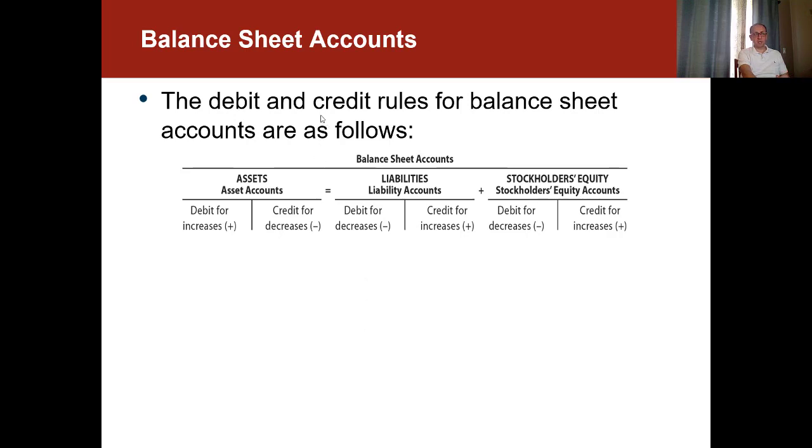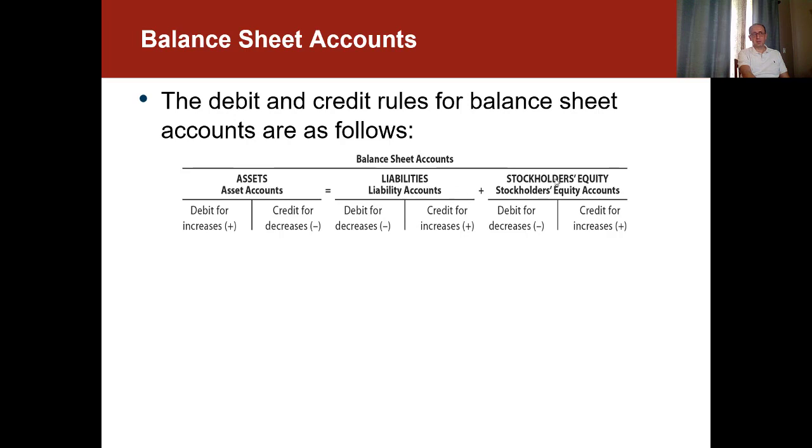Because you can see here, if I have an imaginary line that splits this accounting equation into two parts, where assets is the left-hand side, we can say that assets are on the debit side, the left-hand side. And this is why this is the side where we should record any kind of increase.